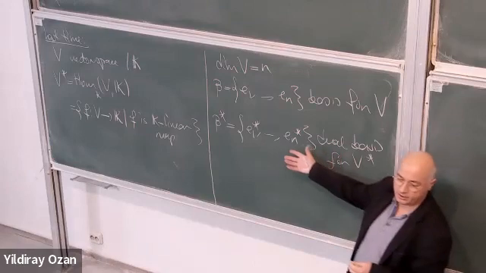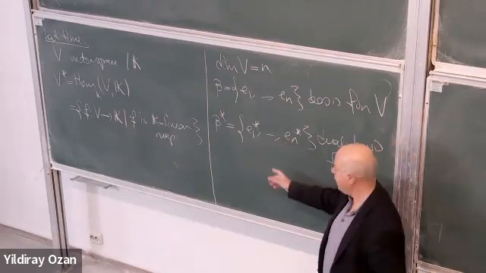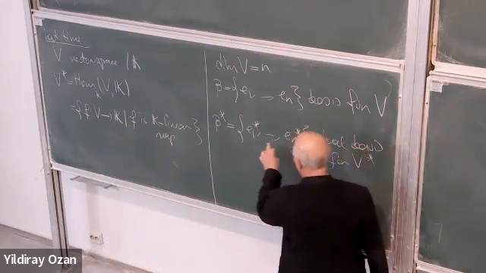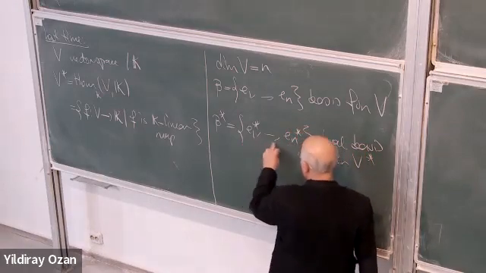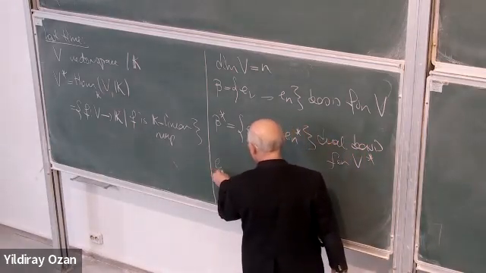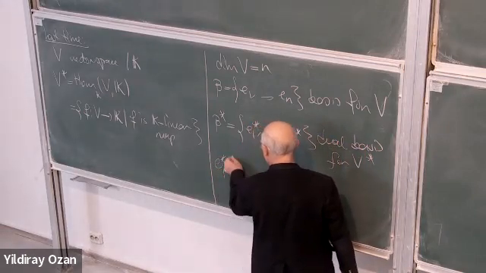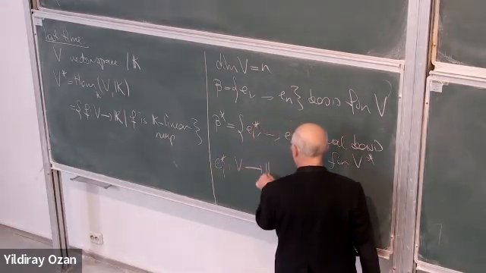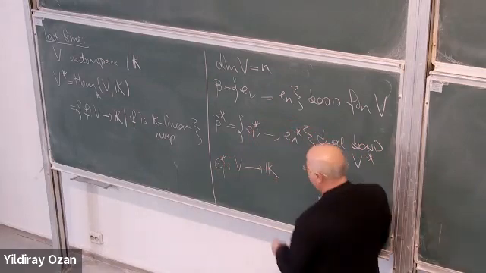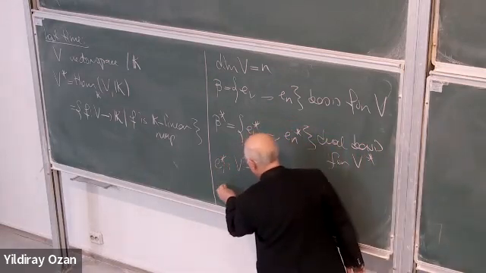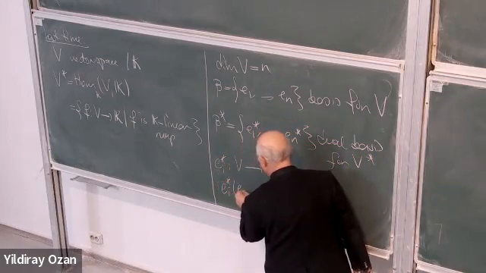This is a claim, right? This is the basis, is a claim. We haven't proved it. What are those? So Ei star is a homomorphism from V to K, and how is this defined? It is defined as follows: Ei star of Ej.